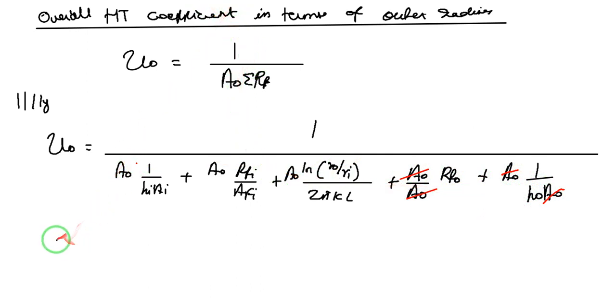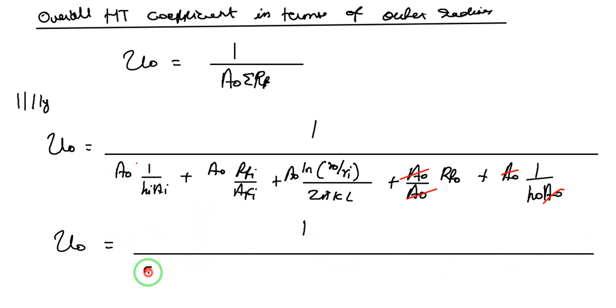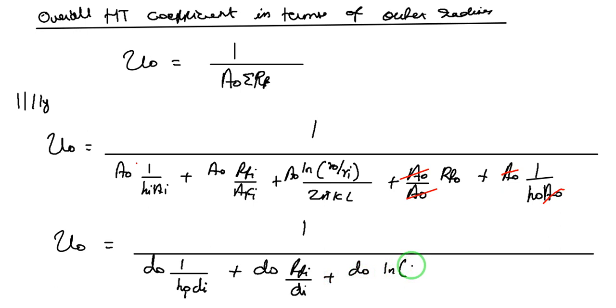The final equation looks something like this in terms of d: 1 divided by d naught, 1 by hi di plus d naught rfi, divided by di, plus d naught ln of r naught by ri divided by 2k, plus rf naught plus 1 by h naught d naught, d naught is removed.